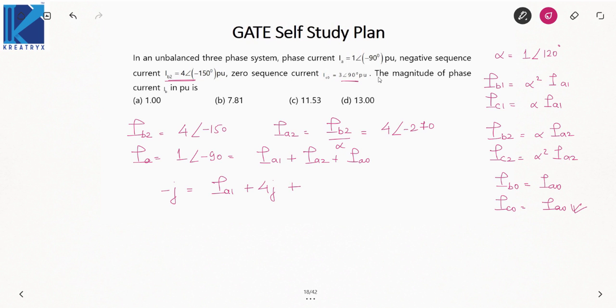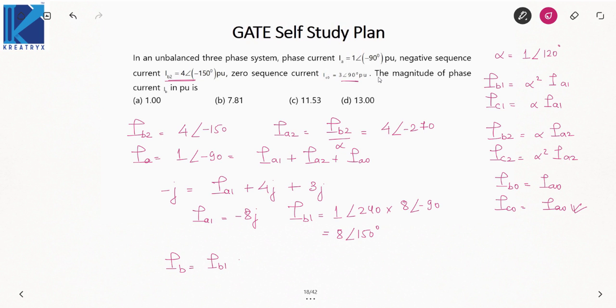Just now I wrote the relation, 3J. So IA1 becomes equal to minus 8J. Based on this, I can calculate IB1. Alpha square means 1 angle 240 into 8 angle minus 90. So 8 angle 150.